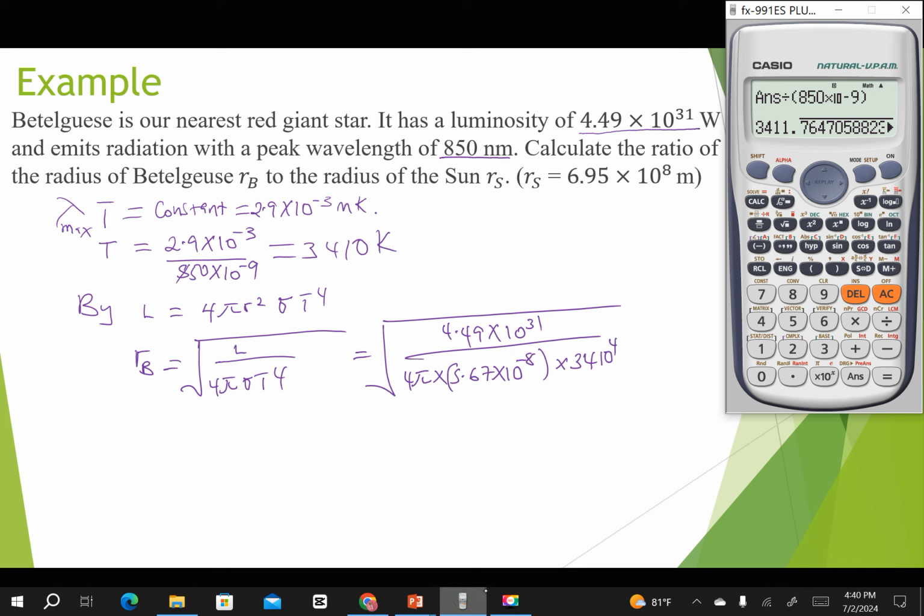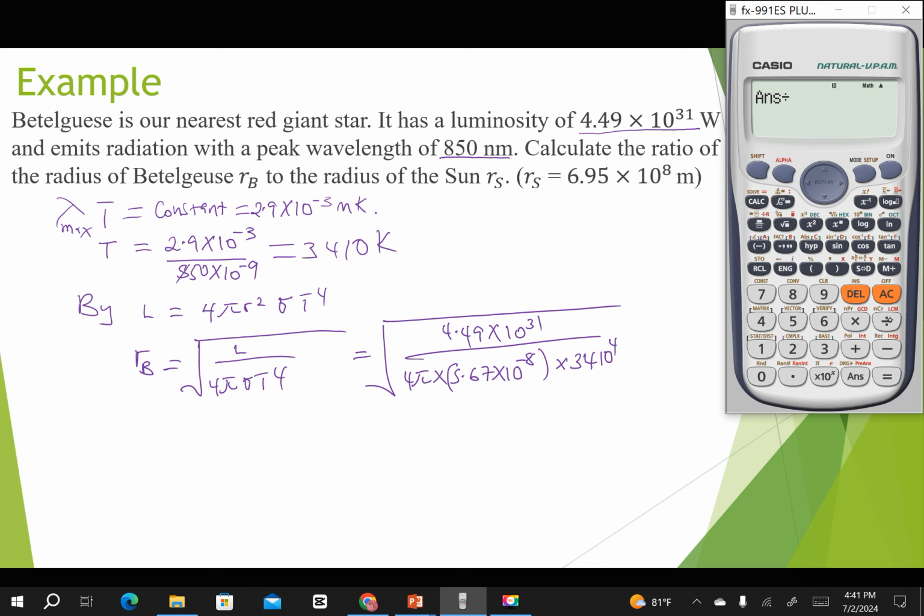Okay, so I'll press my calculator. Open brackets 4.49 exponent 31 divide by 4 pi times 5.67 exponent minus 8.